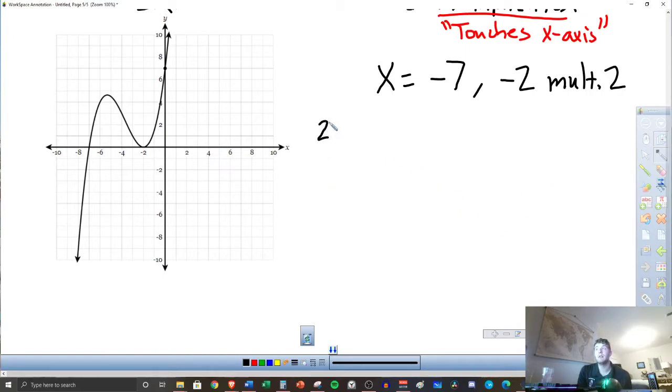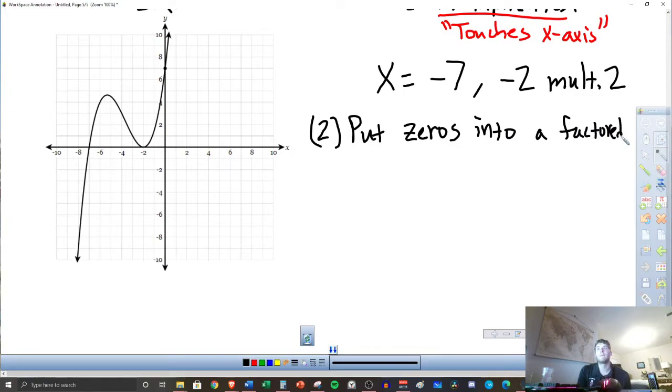Now, step 2 is put zeros into a factored function. So here's our general form. f(x) equals a, and I already wrote this in the last lesson, (x minus r1)(x minus r2).